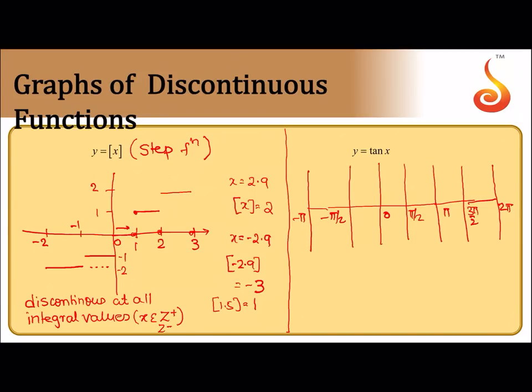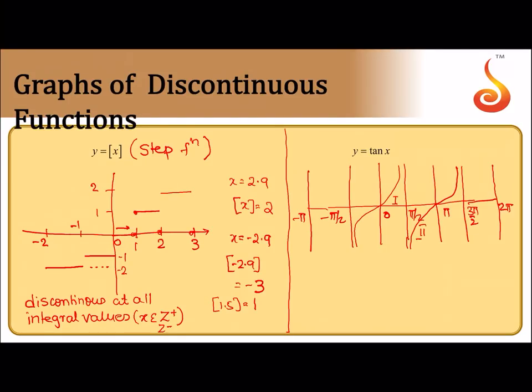And this is 0, minus pi by 2. Again, this is minus pi. You can pause and also see. We have a time constraint, so that's why it is a little fast, but you'll understand. I'll keep on repeating it. So you'll draw a graph like this.